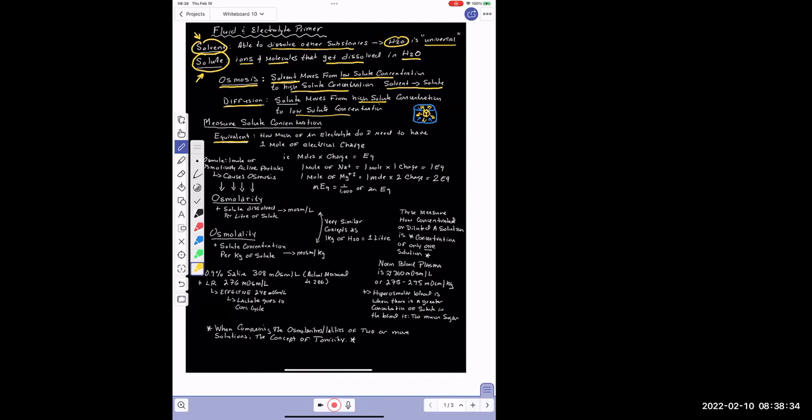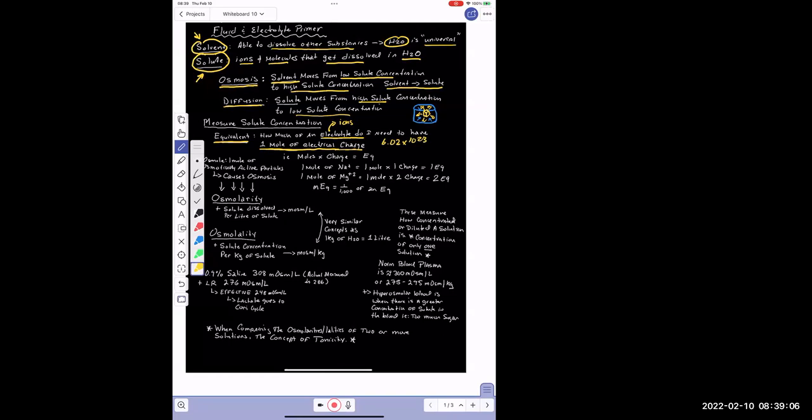So an equivalent, just to review, is how much of an electrolyte, and remember, electrolytes are ions, cations, and anions dissolved in water. How much of an electrolyte do I need to have 1 mole of electrical charge? Remember, 1 mole is an Avogadro's number. That's 6.02 times 10 to the 23.